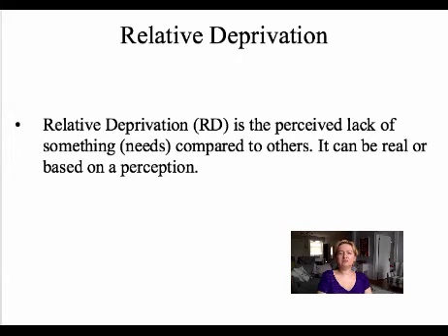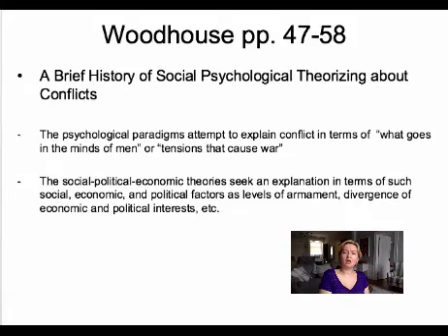Relative deprivation is perceived as lack of something compared to others. It can be real or actual, or it can be just a matter of perception. Relative deprivation is caused by unfavorable social position of a certain group or individual when compared to the others.